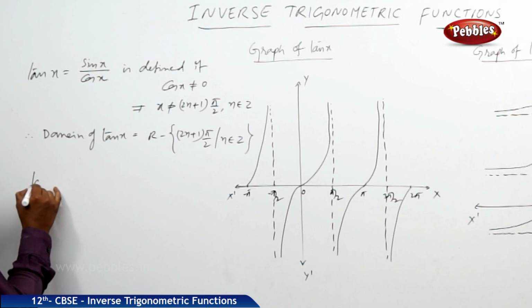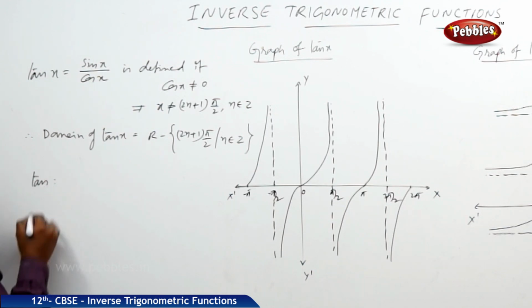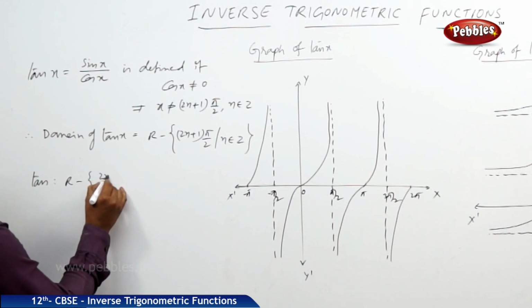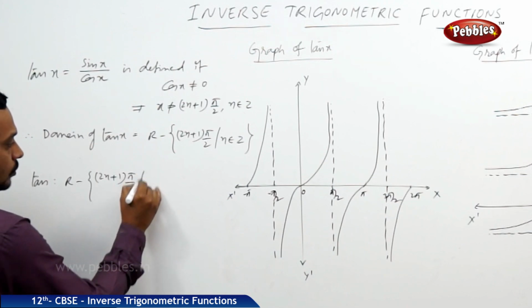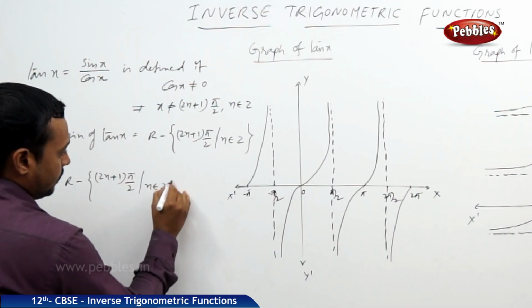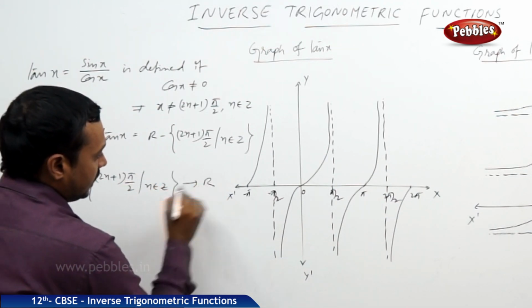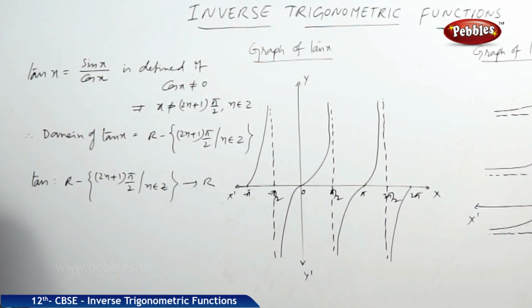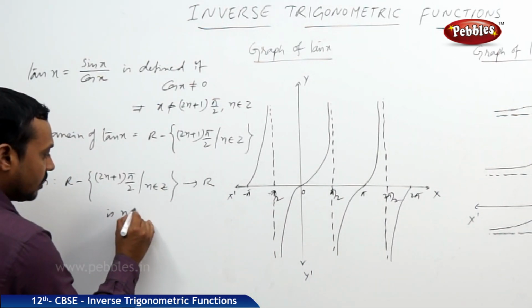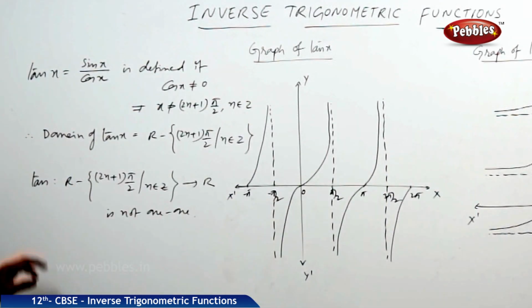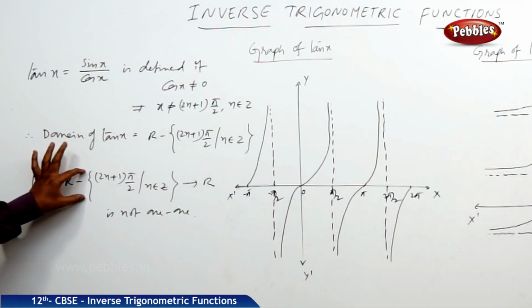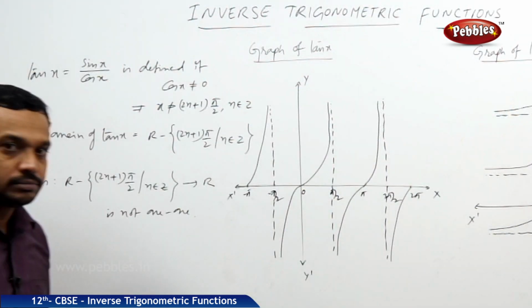Therefore the tan x function defined from R minus the set of 2n plus 1 pi by 2, n belongs to Z, to the set of real numbers is not a one-one function, because this is the total domain of the tan function.